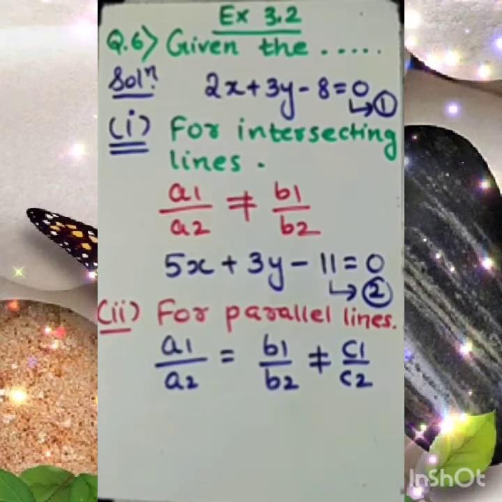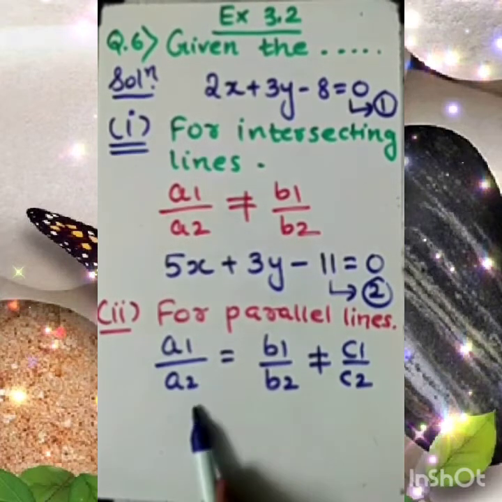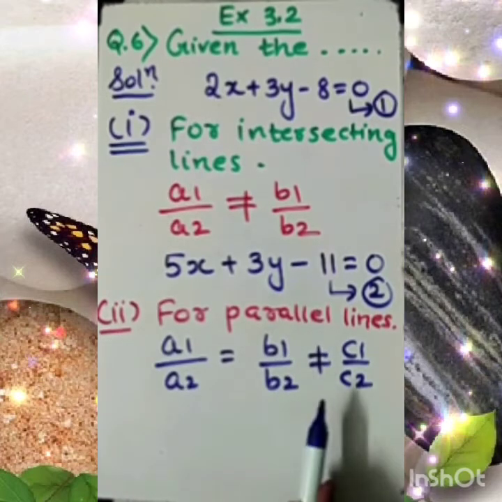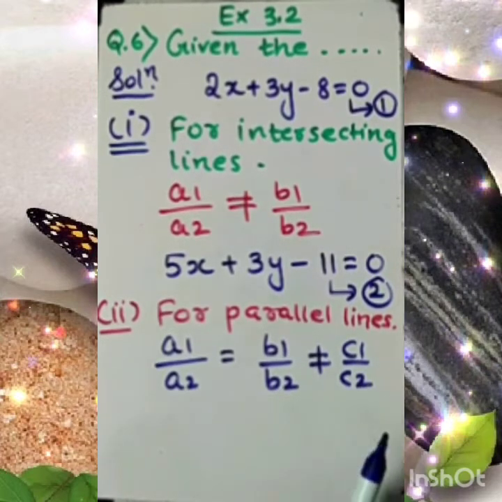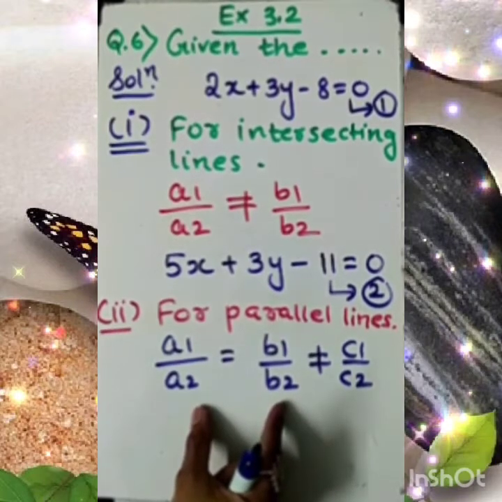This knowledge we already have. This means the first two ratios should be equal. Right? This ratio should be equal.